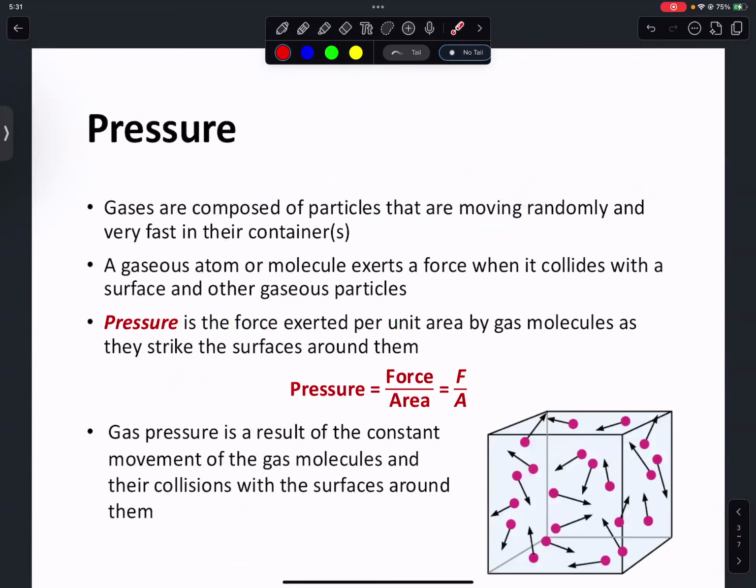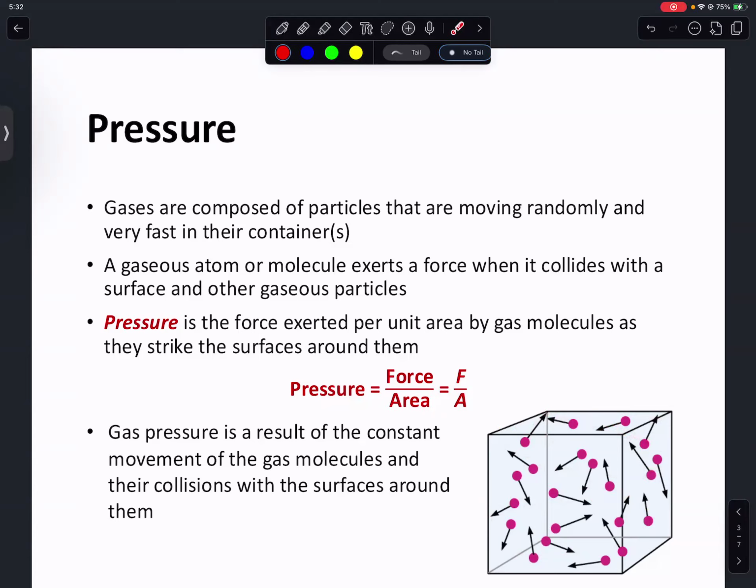Now, with pressure of the gas, we've discussed in the previous slide that gas particles are moving fast. They're moving randomly, as you can see in this illustration. This is, of course, an exaggerated picture of gas particles, and the gas particles are bumping into each other, bumping into the walls of this hypothetical cube.